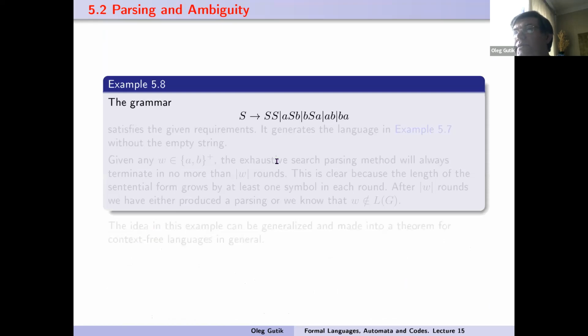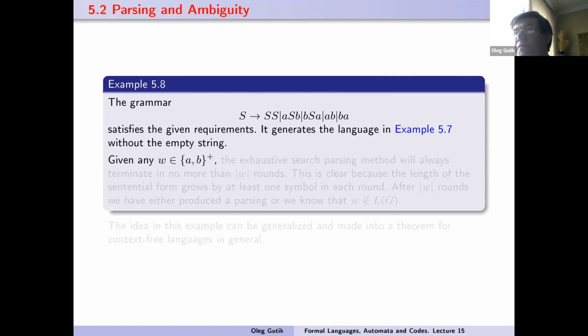Example: the grammar of the following form satisfies the given requirement. It generates the language in example 5.7 without the empty word.